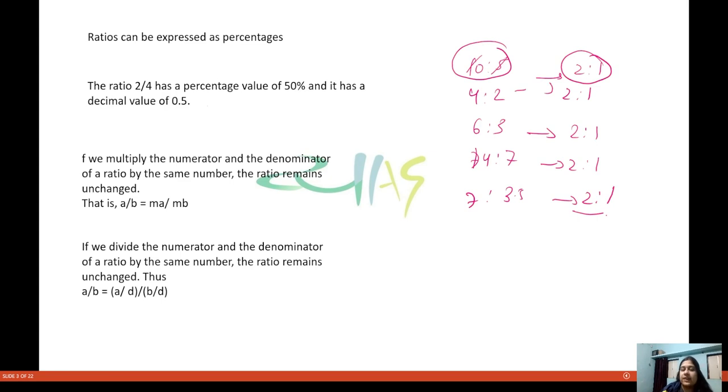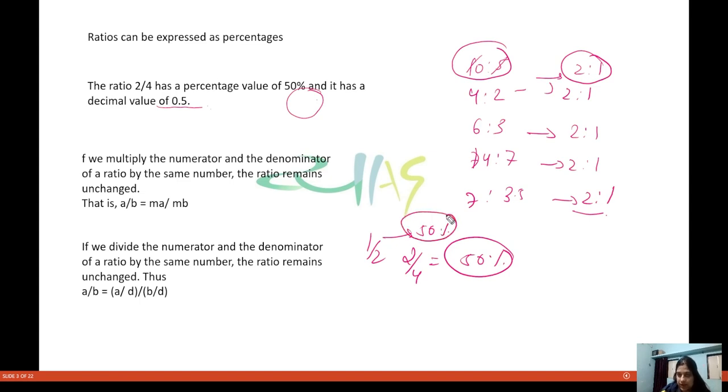Now, see, if we try to express ratio in terms of percentages. For example, 2 by 4. We can say this ratio is 1 by 2, which means 50%. 1 is to 1 means 100%.